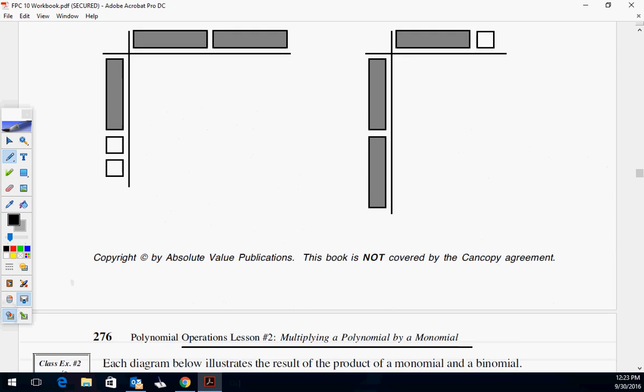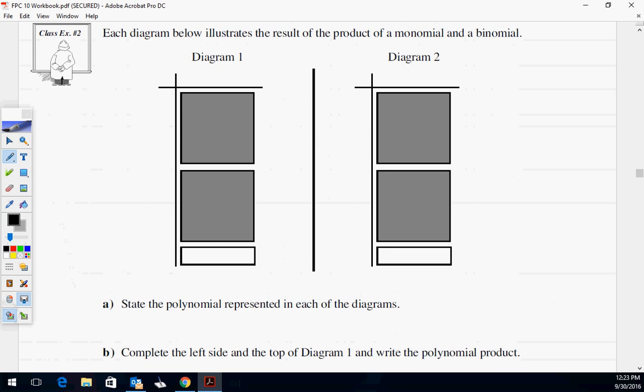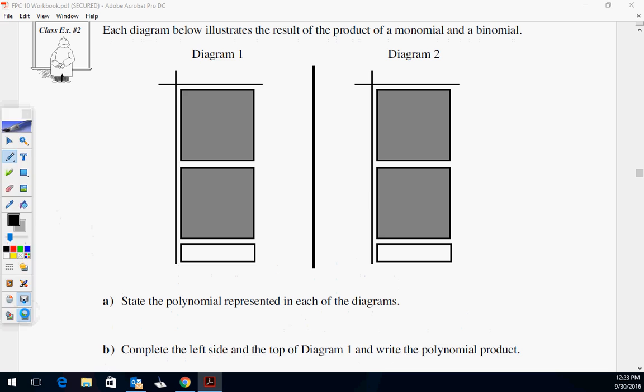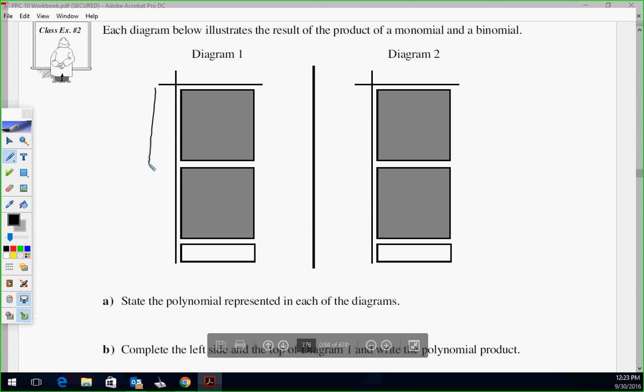Okay, let's keep going. All right, so each diagram below illustrates the result of the product of a monomial and a binomial. So now we're kind of working backwards. We're just trying to make sure that we can fill out what the diagram is. So for example, I would say, okay, in order to get a positive x squared, I have to have an x and an x. So we know those are going to be x's. They could be negative x's. Okay, and then same thing here.